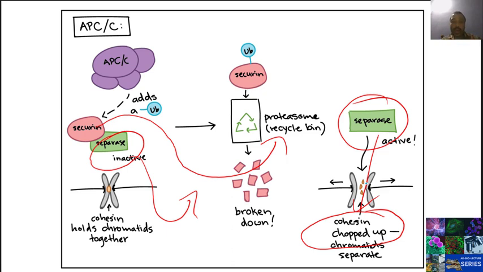So only separase can separate the sister chromatids in the anaphase stage of the cell cycle. So separase is a very important protein, doing a crucial role in the progression of the cell cycle into anaphase from the metaphase by separating the sister chromatids from the centromere.